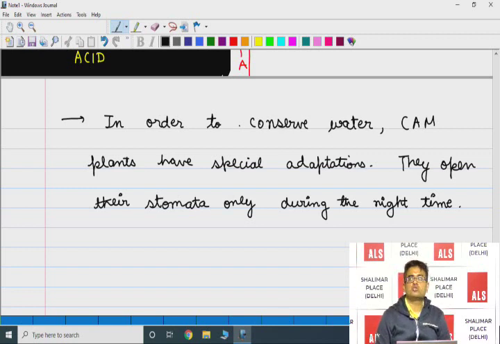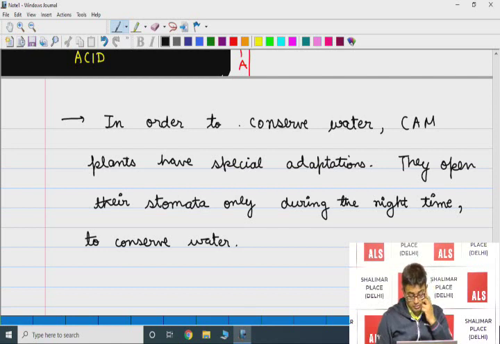This is called scotoactive stomata, to conserve water. Because at the night time humidity increases and temperature decreases, so there will be little or no loss of water by transpiration.